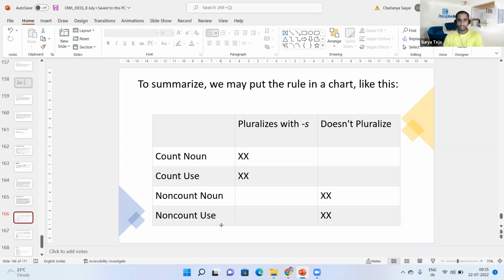If you see the below two examples, a non-count noun in general cannot be pluralized. It is not appropriate. And if a count or non-count noun is used in a non-count sense, then also we cannot pluralize it, even though it is a count noun, because it is used in a non-count sense.